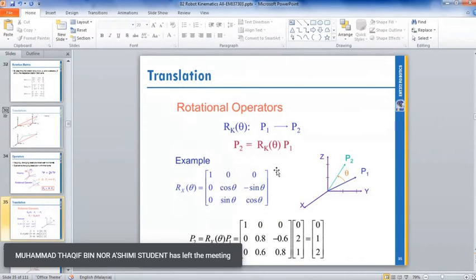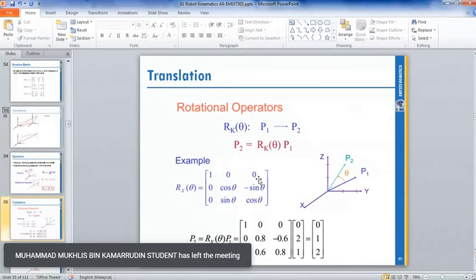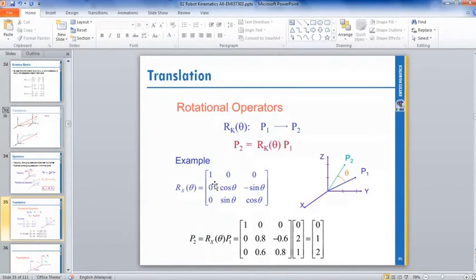Okay, this is 3x3. This is not homogeneous yet. This is only to show how we apply a rotation matrix using this formula. But it does not combine position and rotation in one matrix yet.